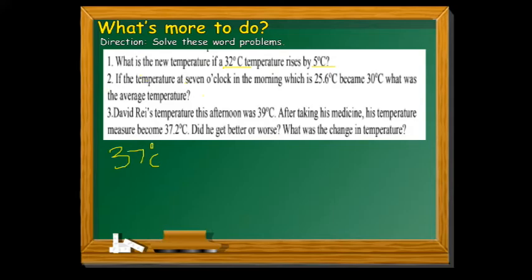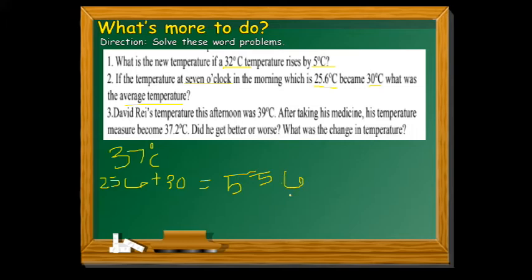If the temperature at 7 o'clock in the morning, which is 25.6, became 30 degrees, what was the average temperature? For this one, we will just add 25.6 plus 30, we have 55.6.